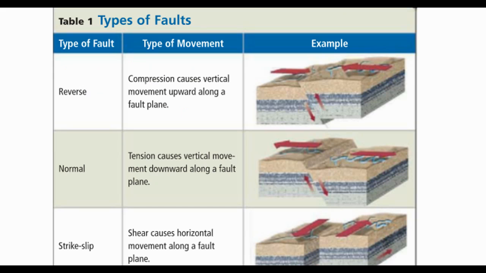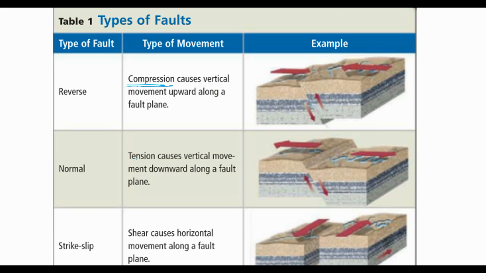So this table you can find in your book. It is just a summary of the 3 different types of faults that we went over. The reverse fault is going to have compression, pushing them together. We see vertical movement upward along the fault plane, particularly by the hanging wall.